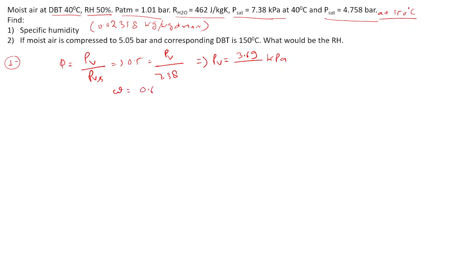Omega formula is what? 0.622 PV by PT minus PV. So PV is 3.69 and PT is 101, you have converted this to kilopascal only, minus 3.69, and when you solve it, it will become 0.02358, right?